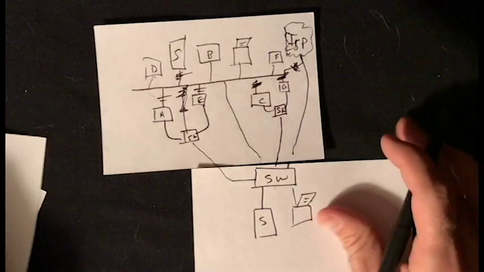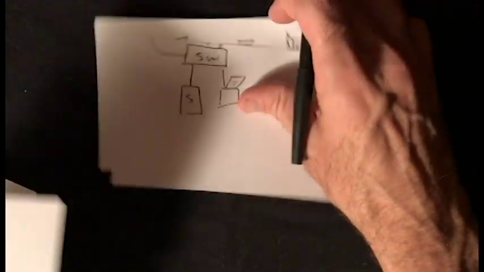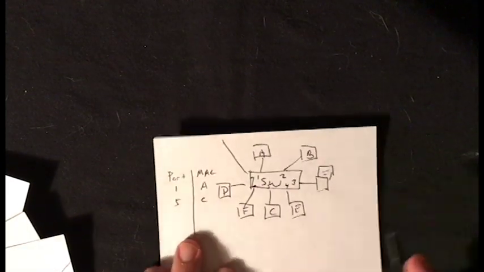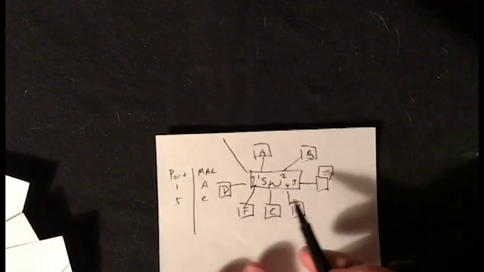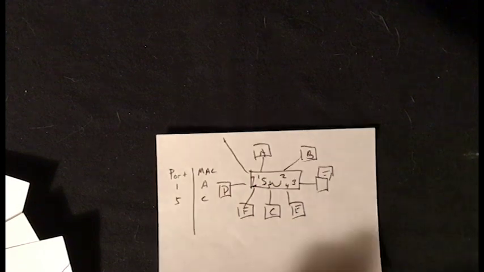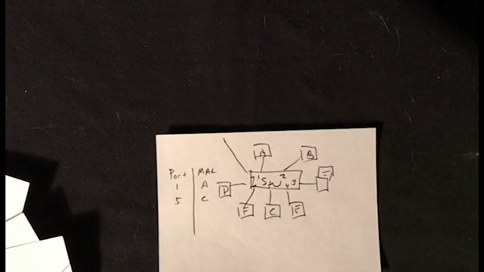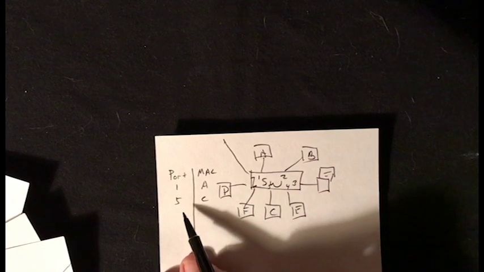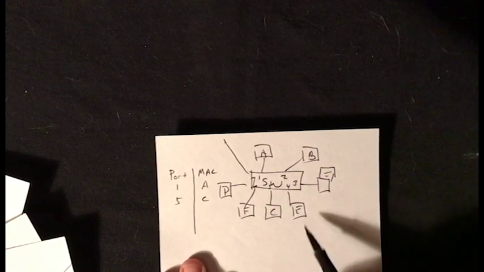But ultimately what you're after is if you can get all of your computers and devices on a network to have their own port on a switch, eventually you'll get no collisions at all. The switch is the device that eliminates or reduces collisions because of this port and MAC address learning process.